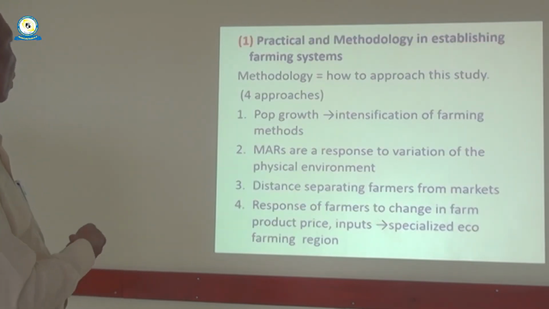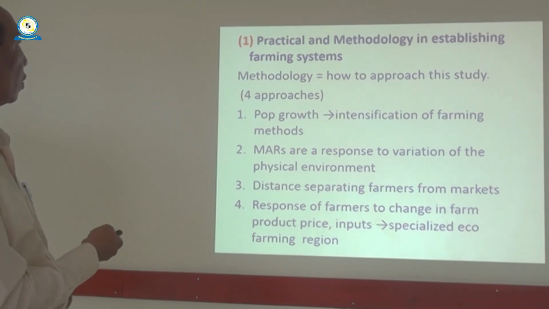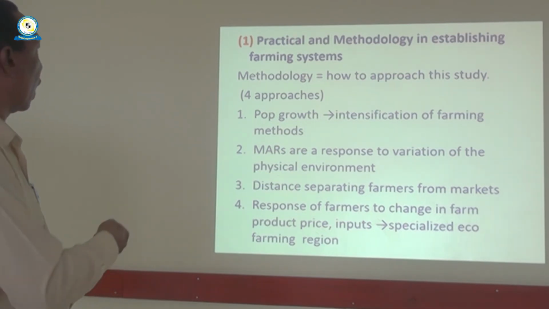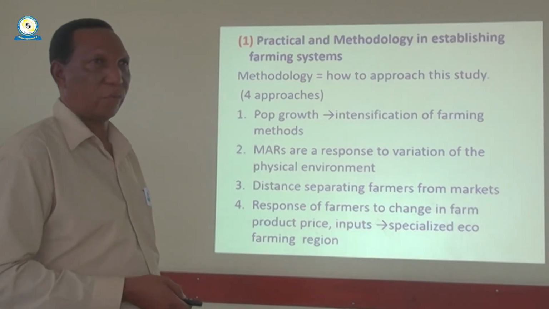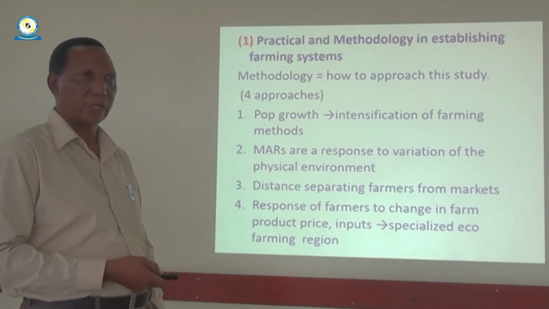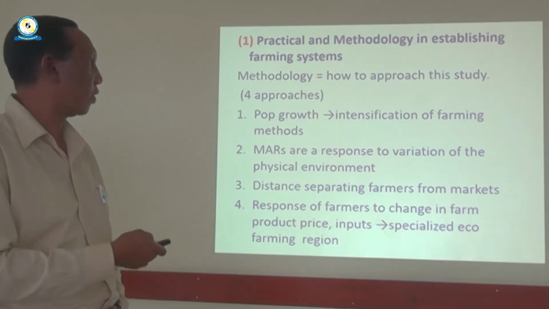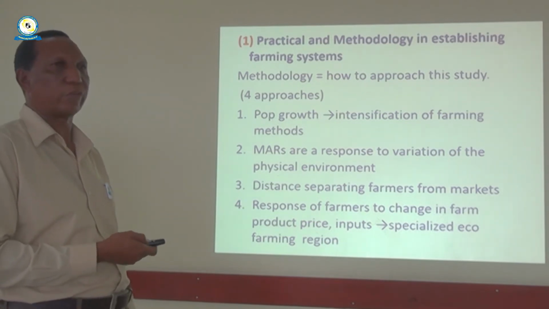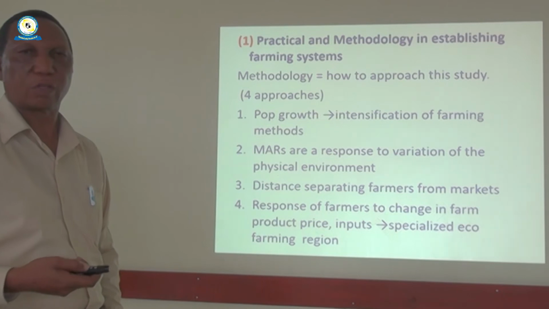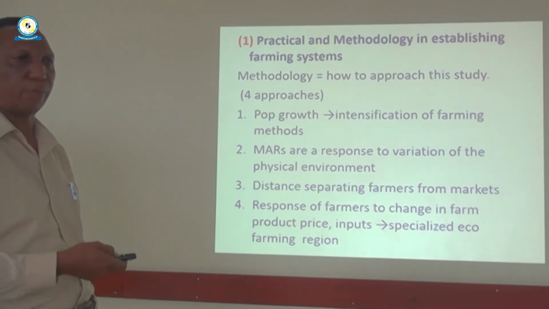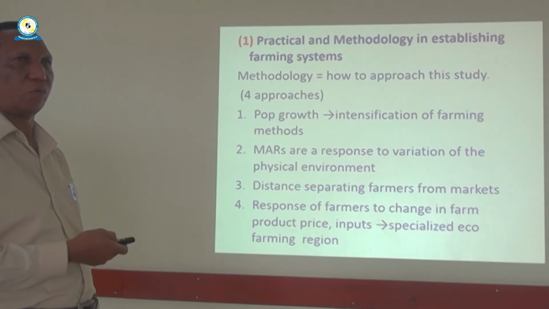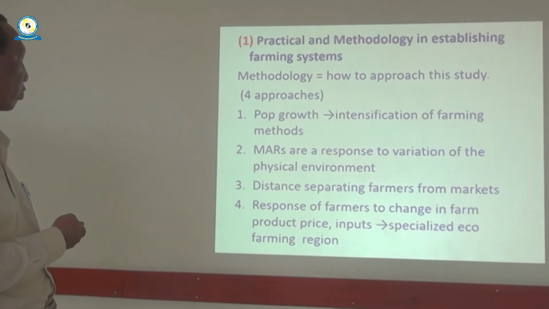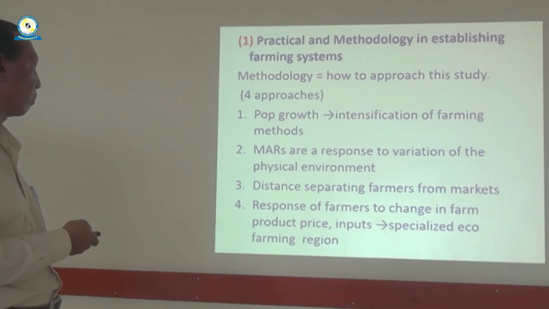Now, when we talk about practical and methodological problems in establishing farming systems, the methodology here refers to how to approach this study. Which method we use to obtain the knowledge, provided it was a scientific methodology, the one which brought them to write their reports on the distribution of agriculture.